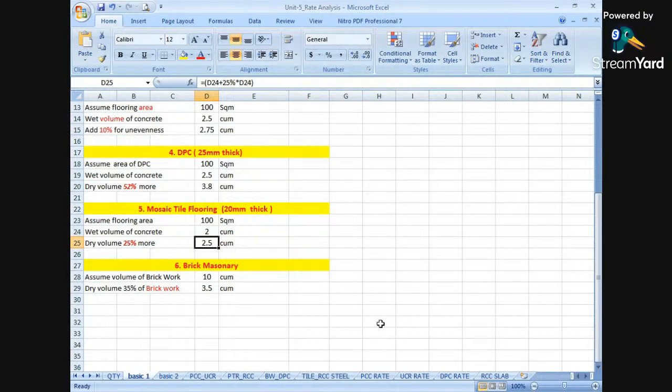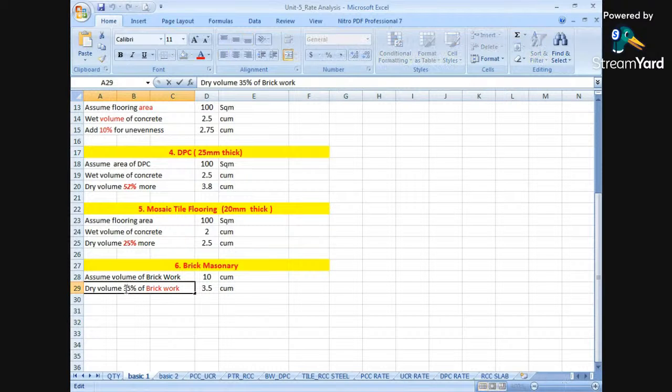In the same way, serial number 6 is again very important while calculating the quantities of various materials required for carrying out the brickwork. Brickwork is measured in cubic meters. Now we are assuming the volume of the brickwork as 10 cubic meters. For dry volume, here we are not using the statement of more, we are using 35% of brickwork.